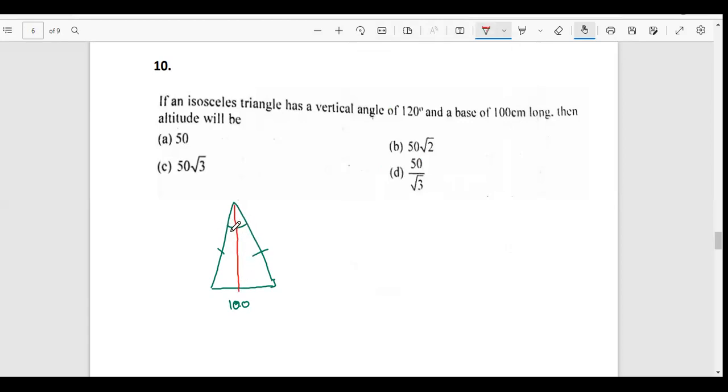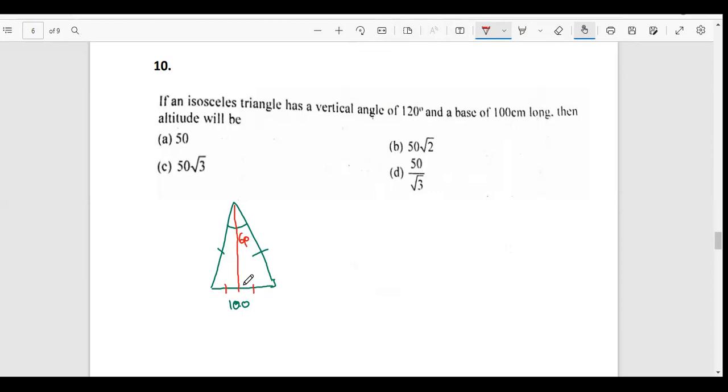If this entire angle is 120, so the half would be 60. And this red line is a perpendicular bisector. उसने angle को भी half किया है, and it is going to divide this 100 as well into two parts. ठीक है, तो ये और ये equal parts में हो जाएगा.